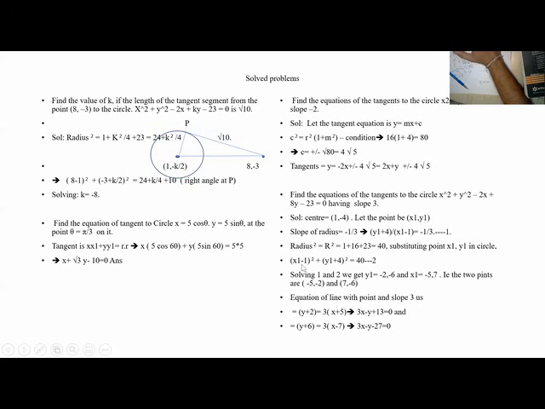Same thing as (x minus h) whole square plus (y minus k) whole square is equal to r square, but you can directly substitute in this. When we solve these two using a quadratic equation, the y value is converted into x and substituted, so we got 2 y's and 2 x's. These are the 2 points. Y is mx plus c, with m as 3, going through this point and through the other point. Slightly cumbersome.